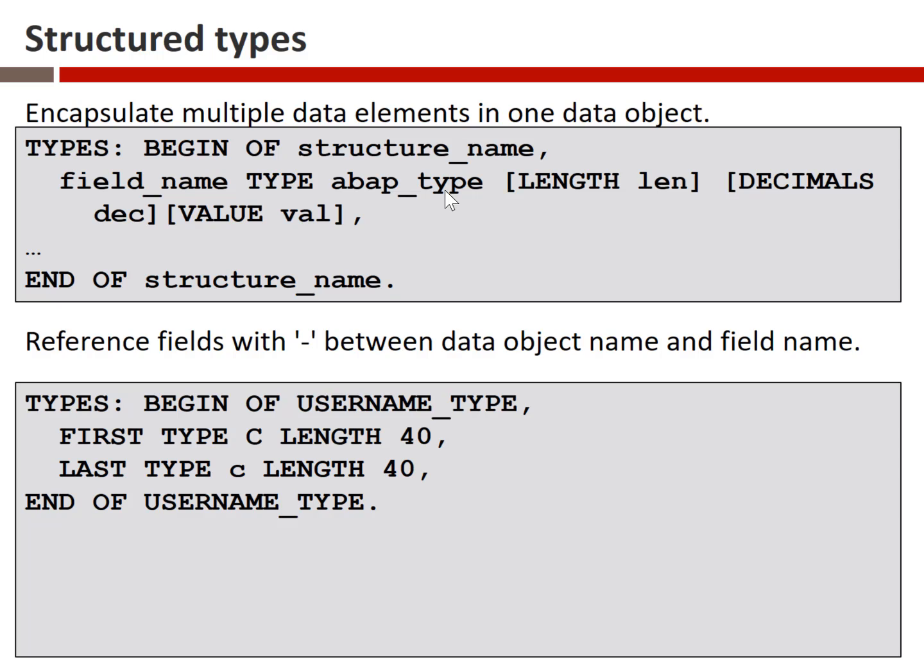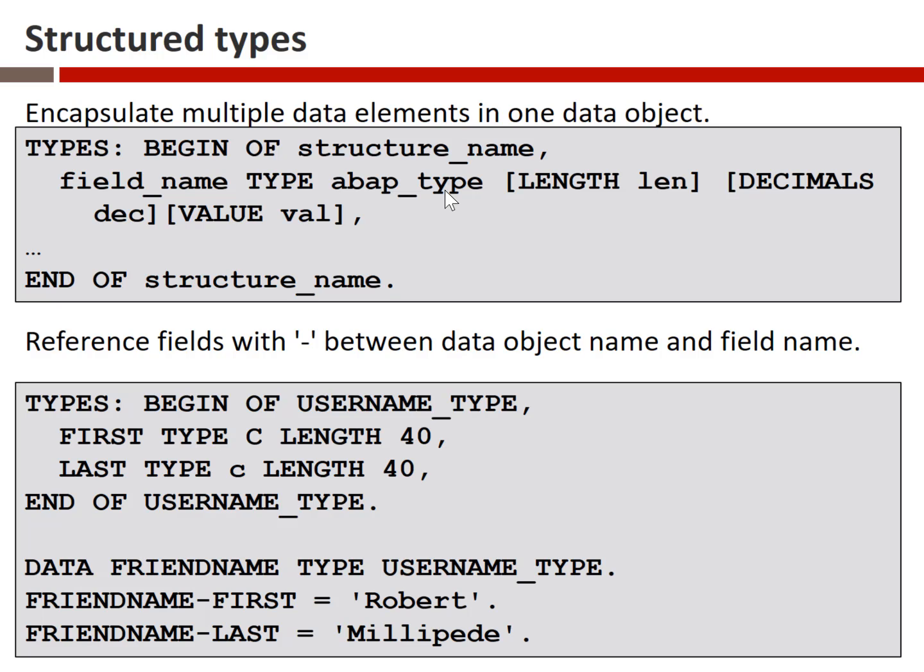Obviously, we could extend this to make this a more robust definition, but this is illustrative of it. I can have as many fields in my structured data type here as I need, given the overall context of what I'm creating. So I create the type. I use a data statement to create a data object based on that type: data, friend name, type username type.